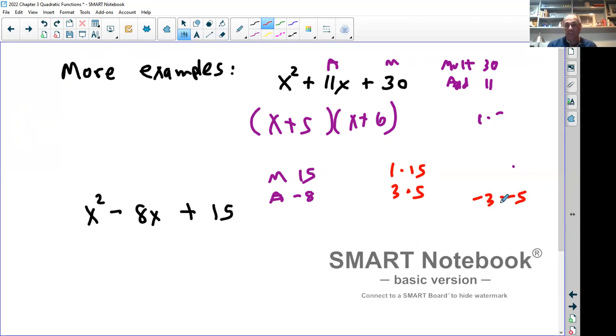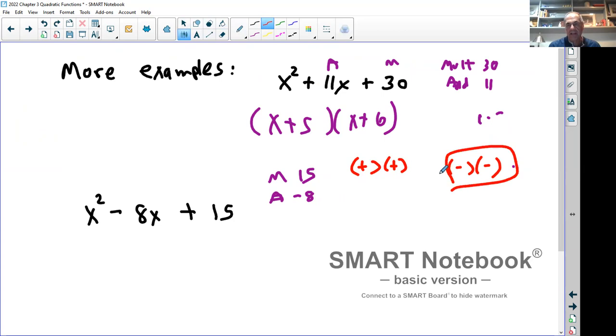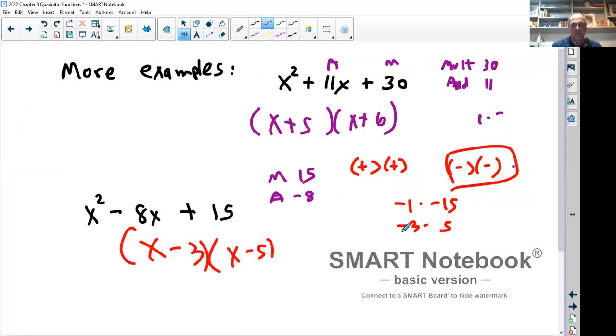They multiply to +15 and add to -8. When you see multiplied to a +15, think about that. The only way to multiply two numbers and get a positive is a plus times a plus or a minus times a minus. But now they've got to add to a negative. Well, two positives can't add to a negative, so it's got to be minus, minus. So it's either -1, -15, or -3, -5. In this case, it's -3, -5.